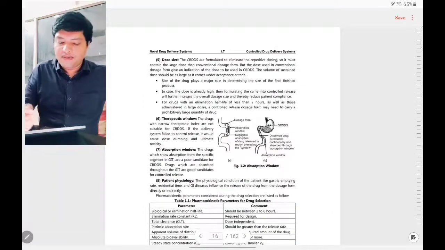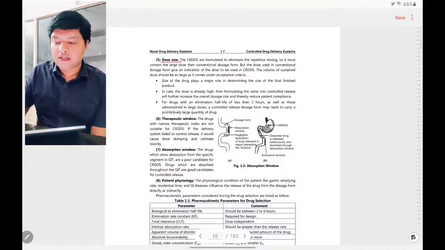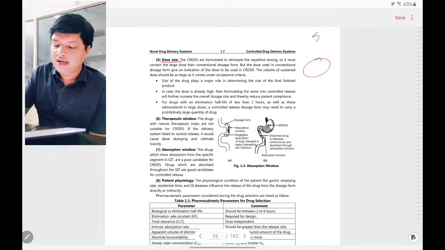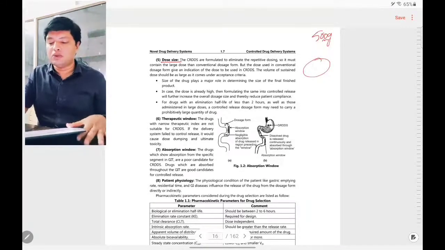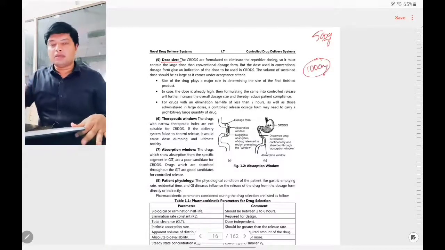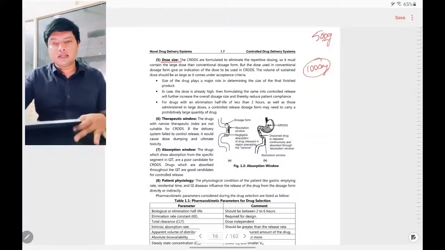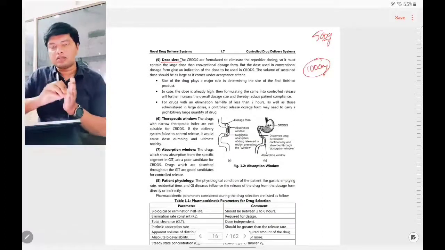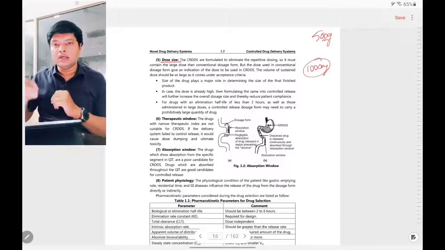Next, dose size. Because in a controlled drug delivery system, you are giving more than one dose in a dosage form. Let's say it is 500 mg per dose. So I am giving almost 2 or 3 doses, like 1000 mg. Because more drug is incorporated, as it should release the drug slowly.